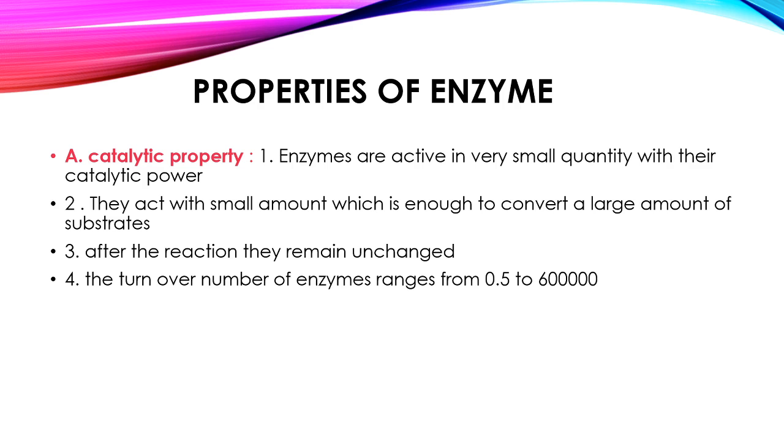Again I will repeat: the number of substrate molecules converted by one molecule of the enzyme per second when its active site is saturated with the substrate is called the turnover number.